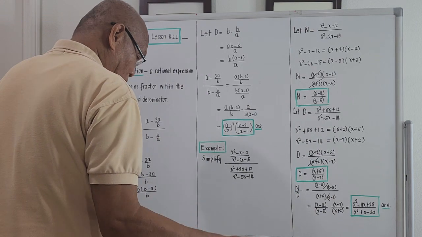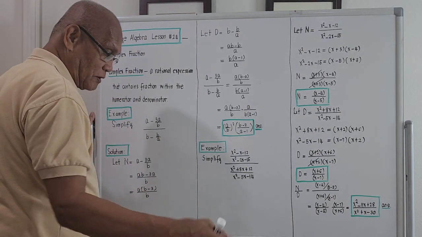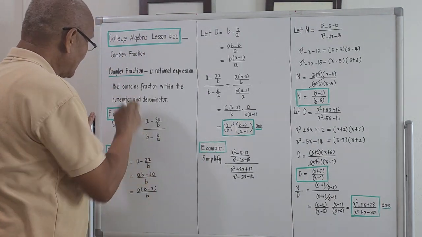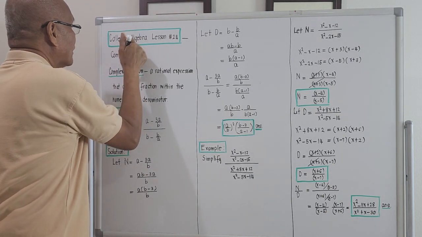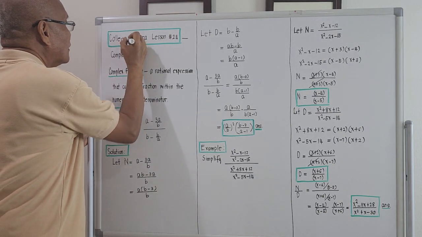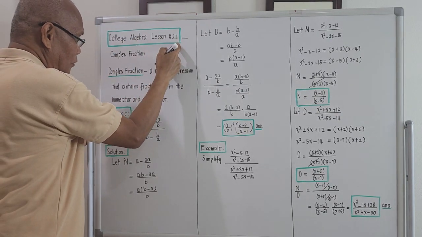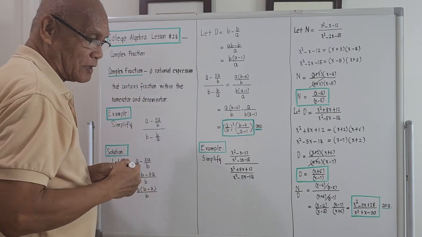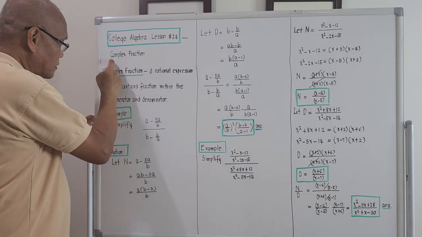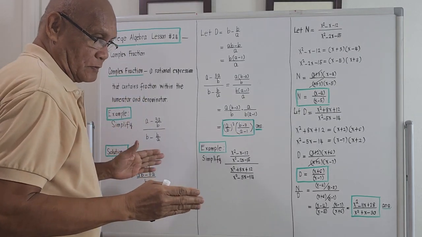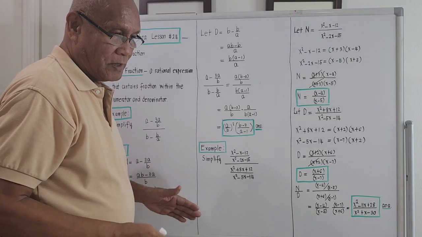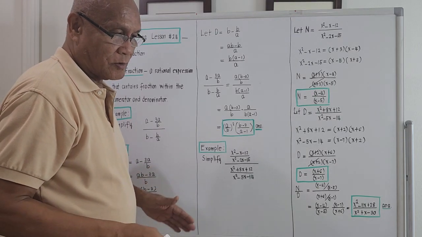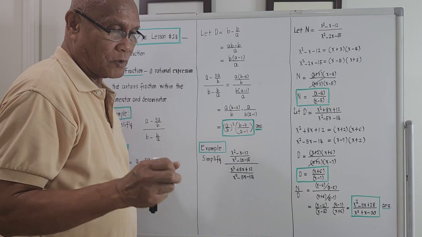Lesson number 24, and the title of the topic is complex fraction. Our main topic is the study of complex fraction, and it is concentrated on the simplification of complex fraction.